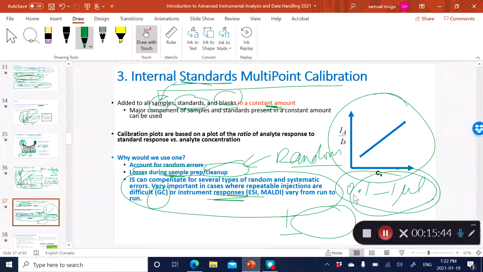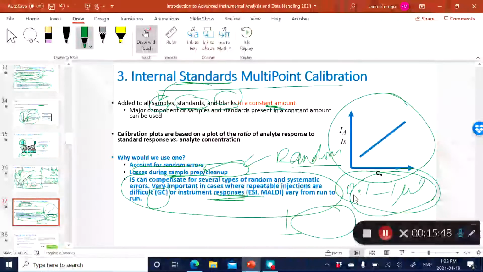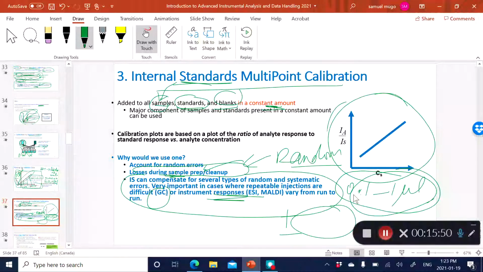So the only difference really, in terms of the mechanics, between the internal standard and the external method is that on the y-axis, instead of just plotting the signal, you plot the ratio of the signal of the standard divided by the signal of the internal standard. All right. So you take the standard signal and you divide it by the signal of the internal standard.